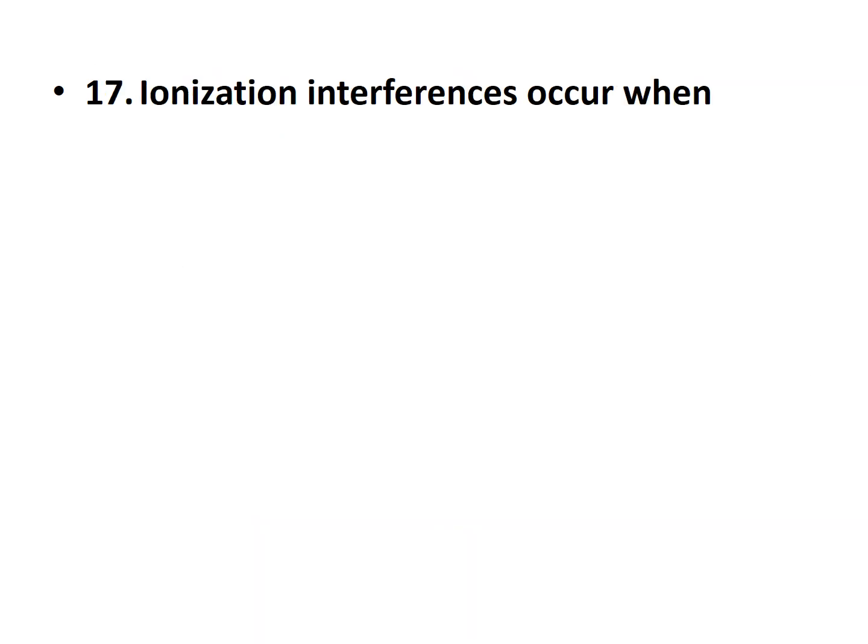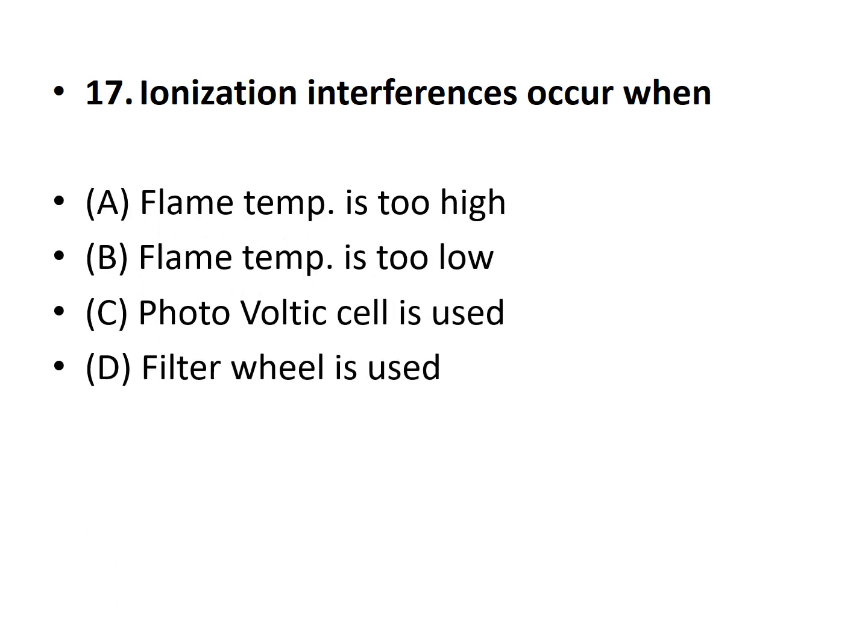Next question is, the ionization interferences occur when? Let's see the options. A, when flame temperature is too high, B, when flame temperature is too low, C, when photovoltaic cell is used, and D is when filter wheel is used. So what is ionization interference?